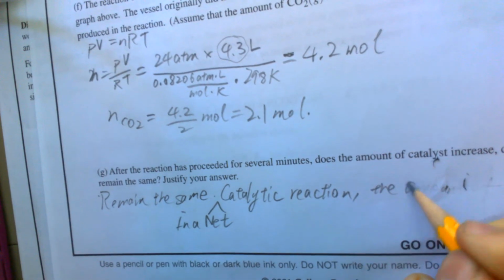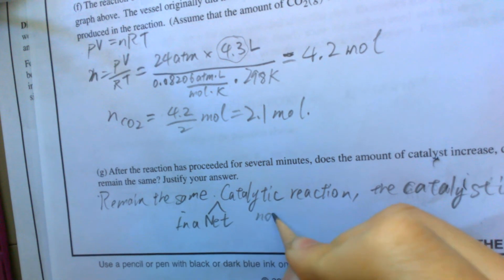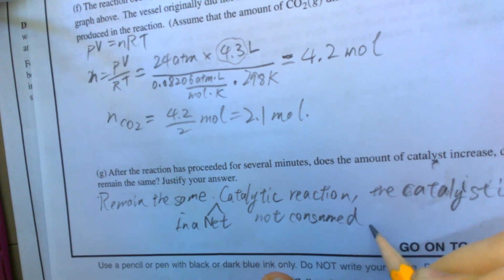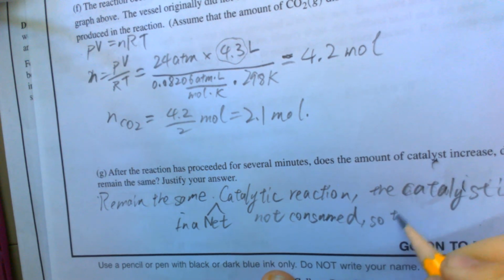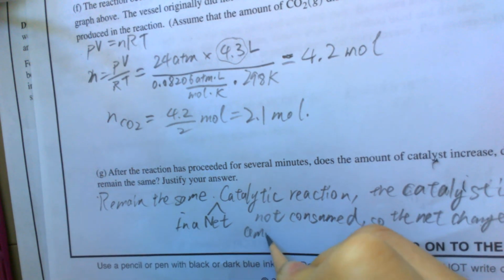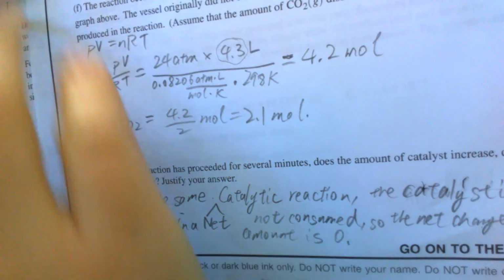You should say catalyst is not consumed. So the net change of its amount is 0. All right, that's it for part 1.